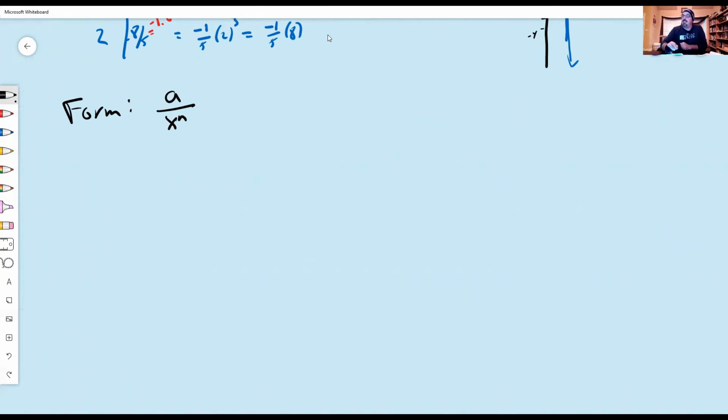If you divide by x, the denominator can't be 0, so x cannot equal 0, which means my domain is minus infinity to plus infinity except for 0, or it's this. And again, that means we'll never touch the y-axis. We'll get close to it, we won't touch it.